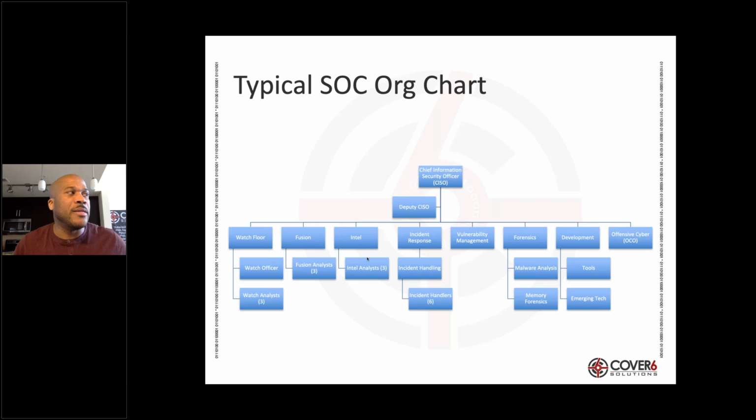And then from there, if you want to start to move around to different sections, you can. So typically the watch floor, and then there's probably a cross between intel and then the incident handling section. So inside of the incident response section, you have your incident handling and incident handlers. For that section, there's kind of two acronyms.